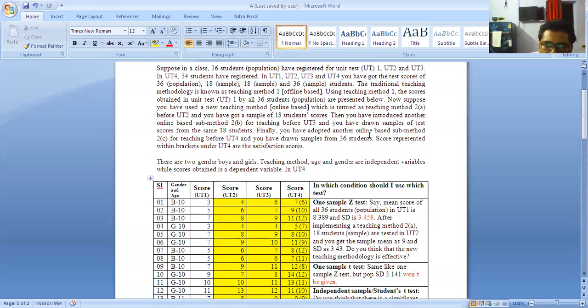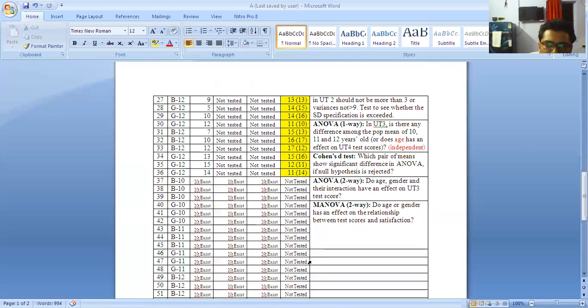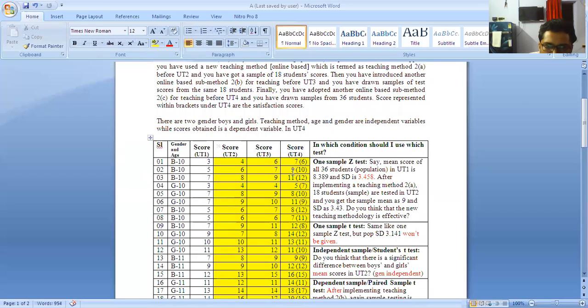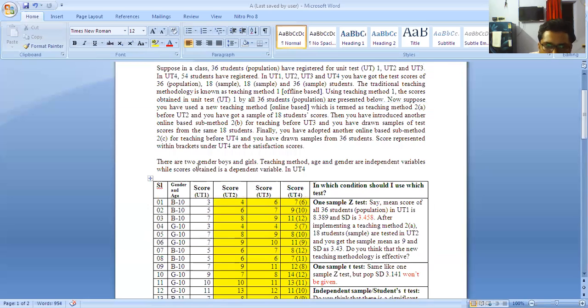Scores represented within brackets under UT4 are the satisfaction scores. That means not only the test scores, you have also collected satisfaction scores, which are represented within brackets. There are two genders, boys and girls.